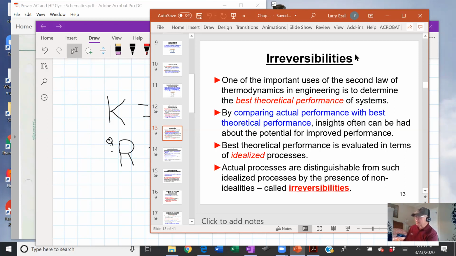As you probably realize, those type losses keep an ideal process from being fully reversible. And those things like friction and pressure drop and voltage drop across the resistor that prevent you from converting 100% of heat energy into work, let's say, are called irreversibilities.